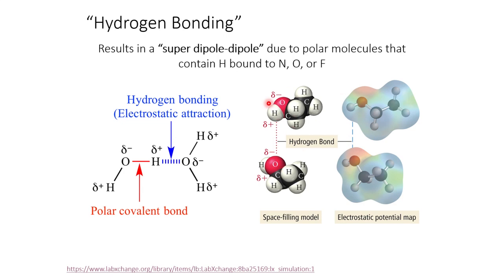And while hydrogen bonds are a type of dipole-dipole interaction, they are very strong, because the electronegativity difference here is much greater than for other types of dipoles. So let's take a look at this little simulation.